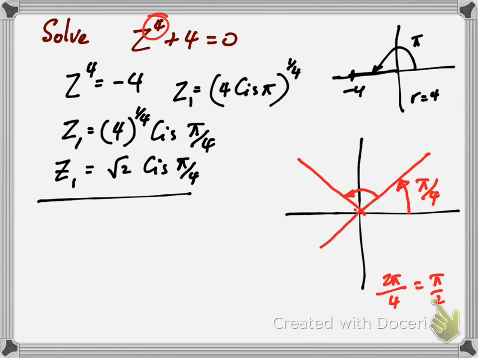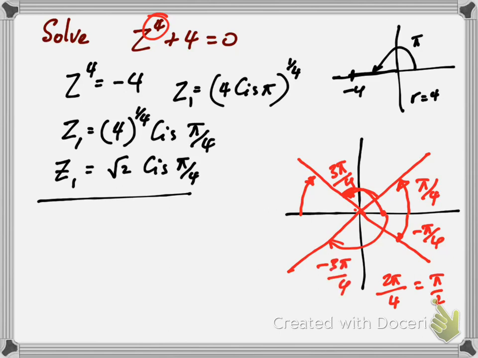Add 90 degrees more, third solution, fourth solution. So pi minus 45 degrees would be 3 pi over 4. You use your reasoning and logic, and the others will be minus pi over 4 and minus 3 pi over 4.